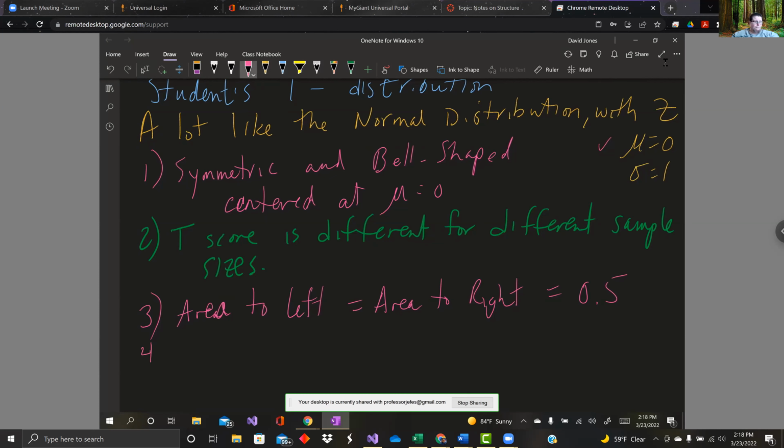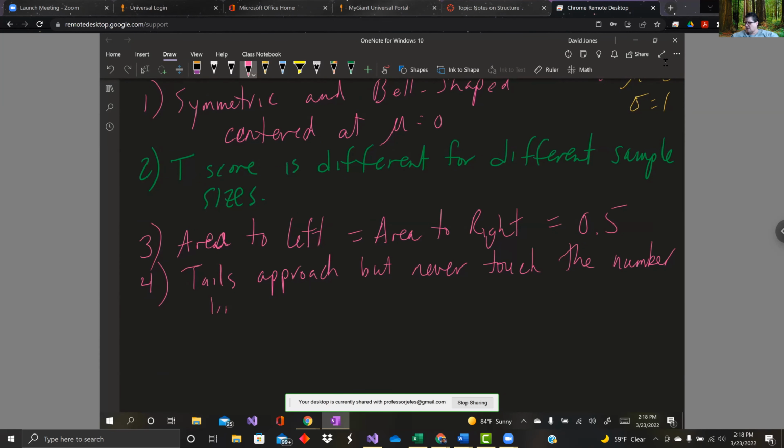Also, the tails approach but never touch the number line. Which means it never equals 0.